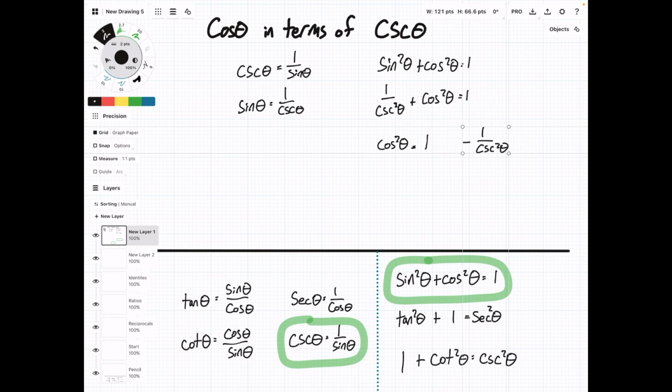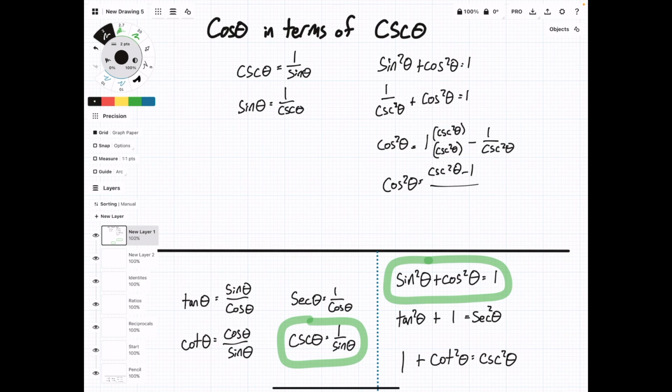We want like terms on the bottom, so we'll multiply this by cosecant squared theta over cosecant squared theta. Cosine squared theta equals cosecant squared theta minus 1 over cosecant squared theta, and then we take the square root of both sides. So in the end, cosine theta is equal to plus or minus square root of cosecant squared theta minus 1 over cosecant squared theta.